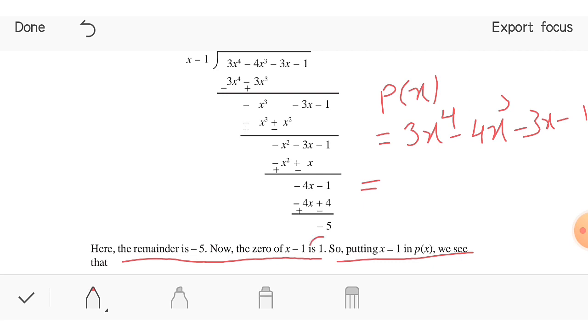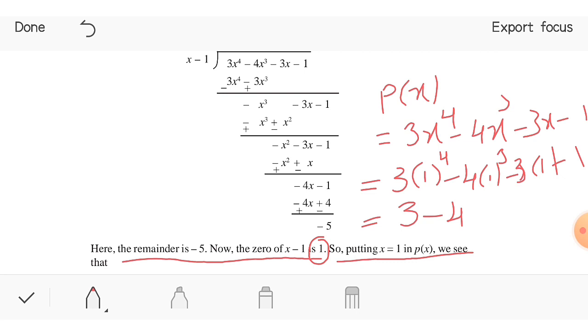Now putting the value 1 in place of x, we get 3 into 1 power 4 minus 4 into 1 cube minus 3 into 1 minus 1. 3 into 1 power 4 is 3, minus 4 into 1 cube is minus 4, minus 3 into 1 is minus 3, minus 1.